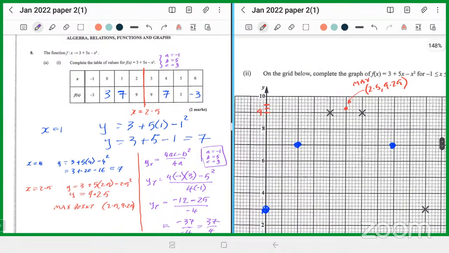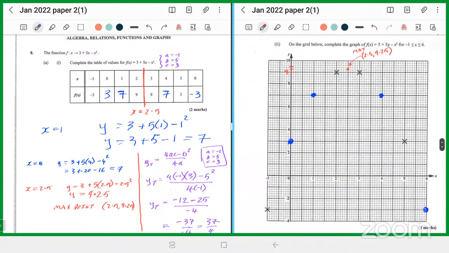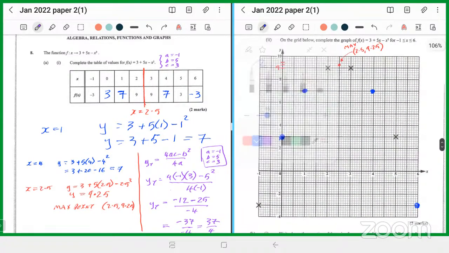Then I'm going to draw my curve now. Draw the curve. All right. So I'm going to go like that. Let's try it this way. Come down through like that. And then come this way, and go like this.